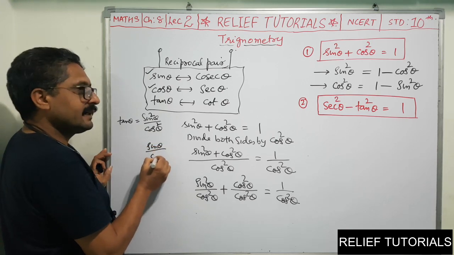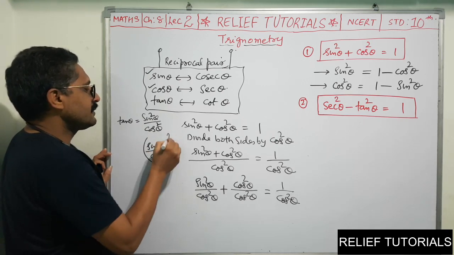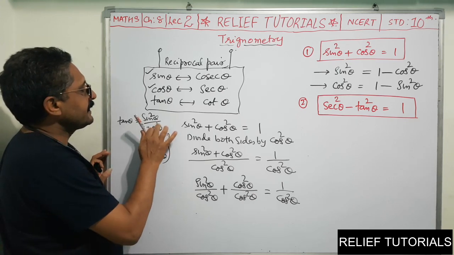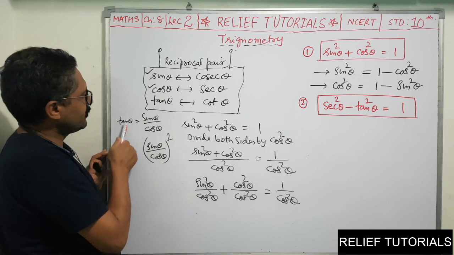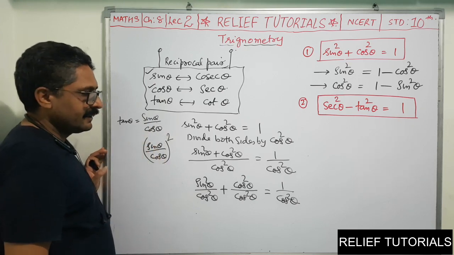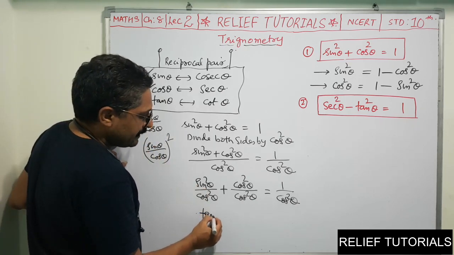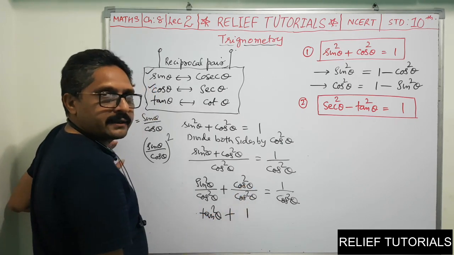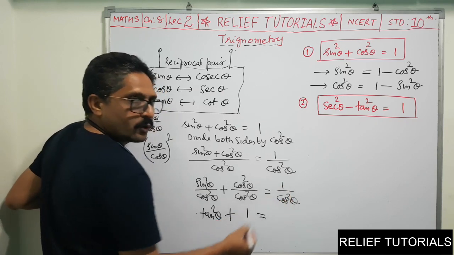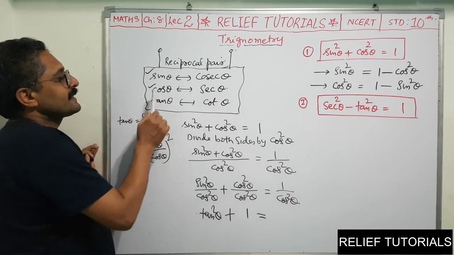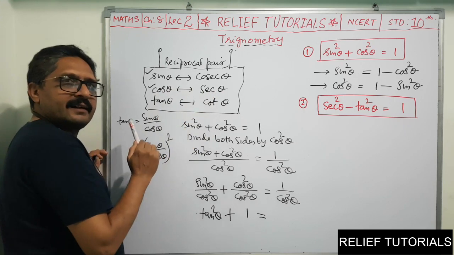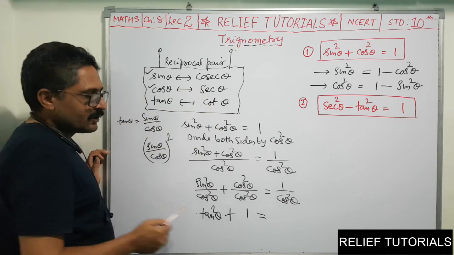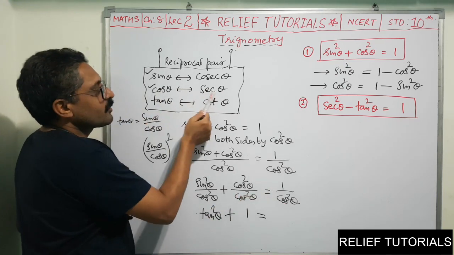Why? Because sin theta upon cos theta the whole square. So sin theta upon cos theta is tan theta. So tan square theta. So I can write here tan square theta plus cos square theta upon cos square theta is 1. That is equals to 1 upon cos square theta. So I told you, see, 1 upon cos is sec theta. 1 upon sec is cos theta. They are reciprocal of each other. So the reciprocal of cos is sec.